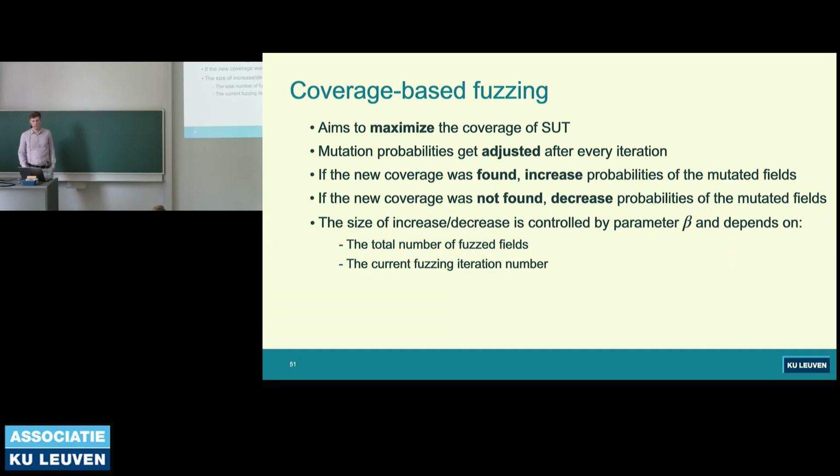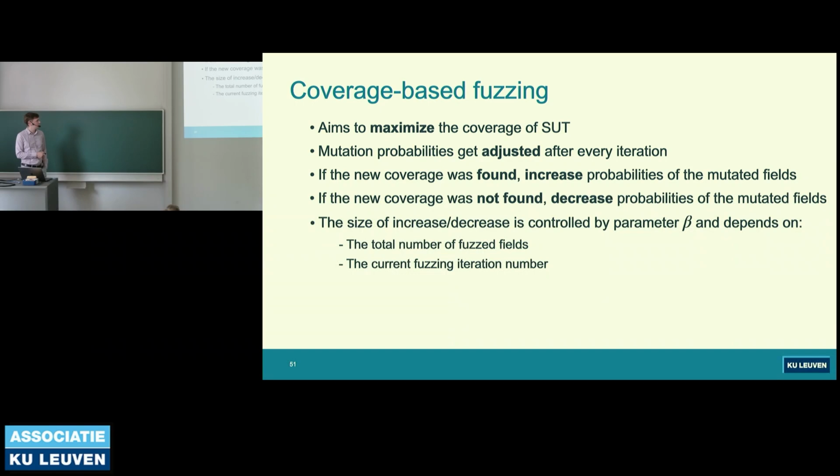But the logic of this change in the probabilities also takes into account, first, the total number of fuzzed fields in the current iteration, because we cannot really say precisely which mutation caused the new coverage. Let's say we made 10 mutations, we are not sure what caused this new coverage. So we always scale this increase by the total number of fields.